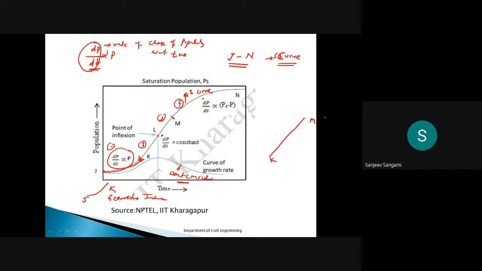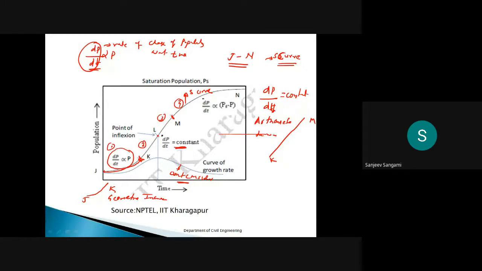The growth is constant, that is dp by dt equals a constant. So it is nothing but the arithmetic increase method.